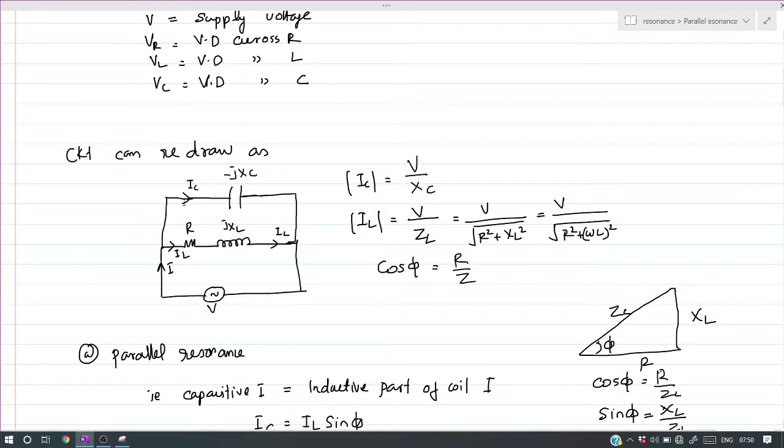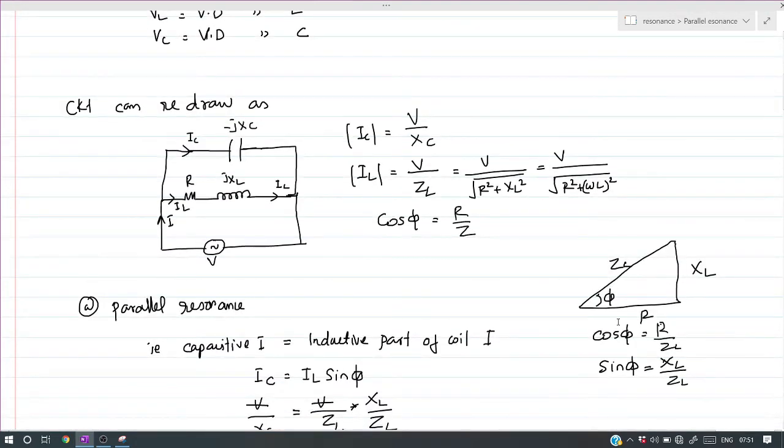Now what is IC? IC is equal to voltage divided by the impedance, that is V divided by XC. Similarly, IL is equal to V divided by ZL, which is equal to V upon root R square plus XL square, which is equal to V upon root R square plus omega L all square.